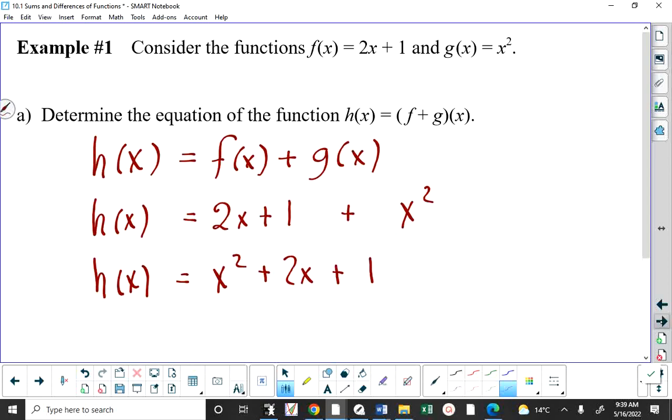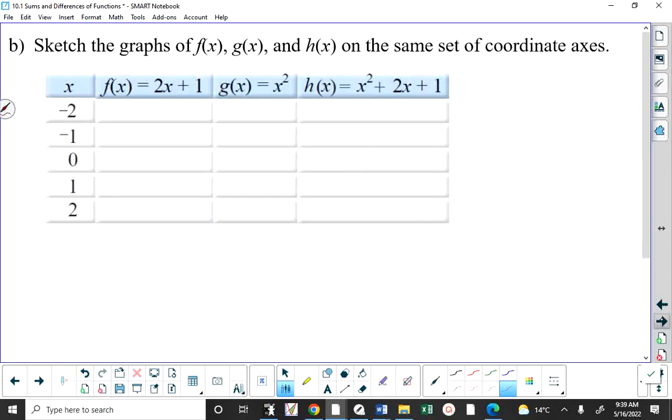And as far as exam questions go, this is not worthy of being on an exam. This is just warming you up to what it means to say the sum of functions. And now what we want to do is graph these, but we're going to graph these by making a table of values. There's a value in doing this in terms of your understanding what I think is the most important point about today's lesson. So we're leading up to something.